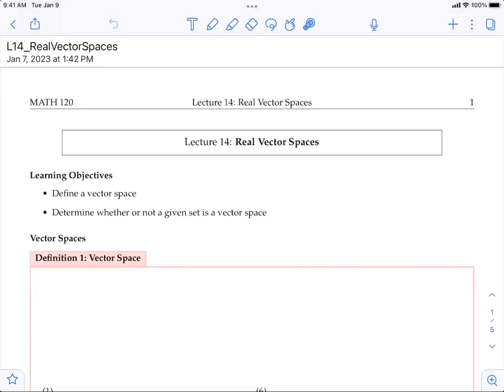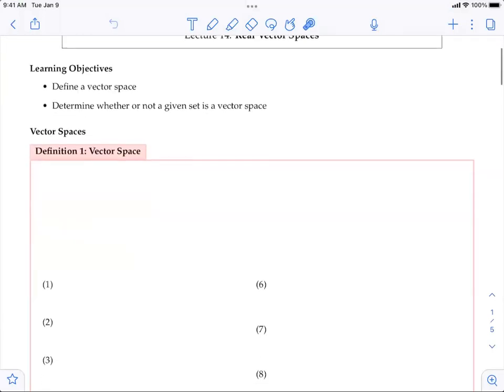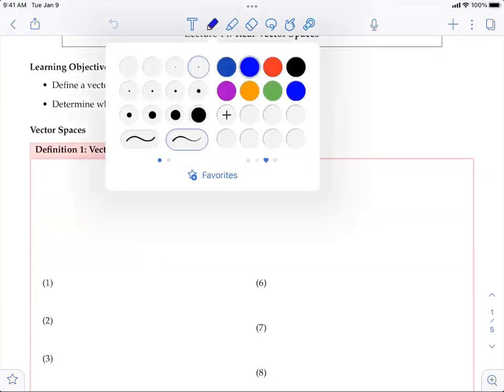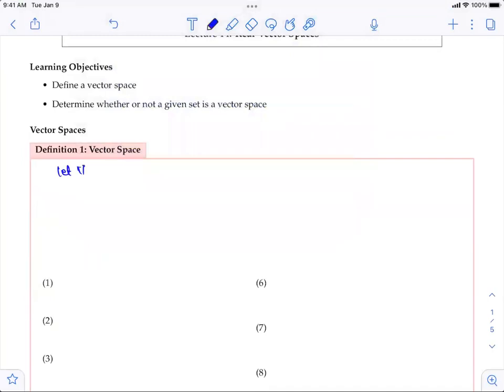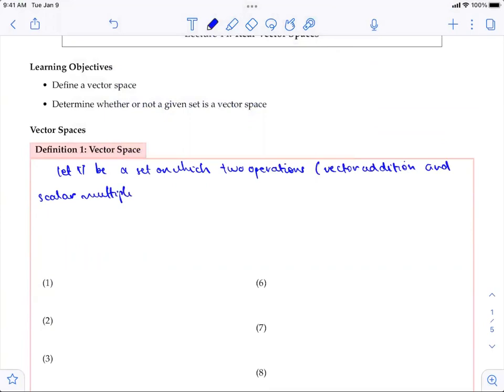Again, in layman's terms, it's just a space of vectors, but formally, let V be a set on which two operations, vector additions and scalar multiplications, are defined.